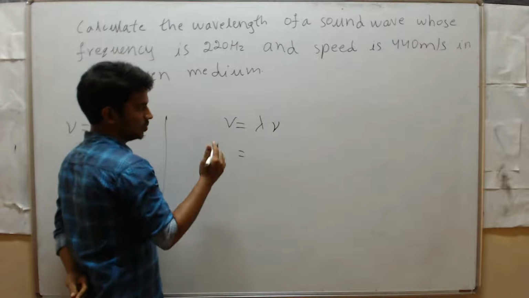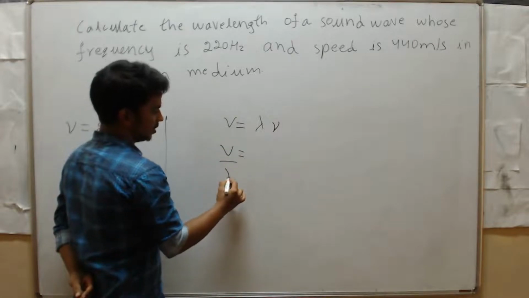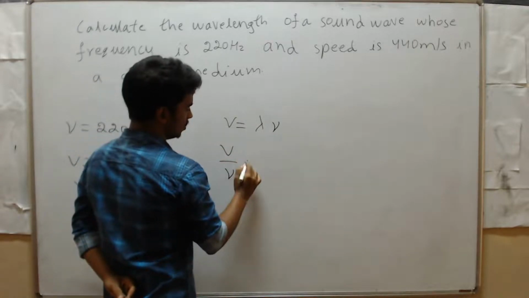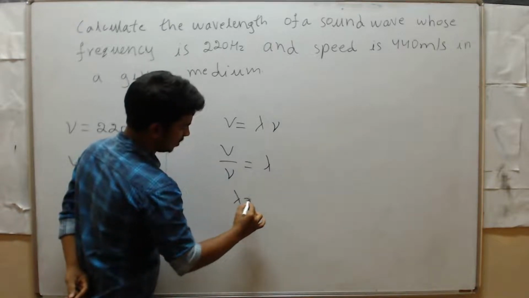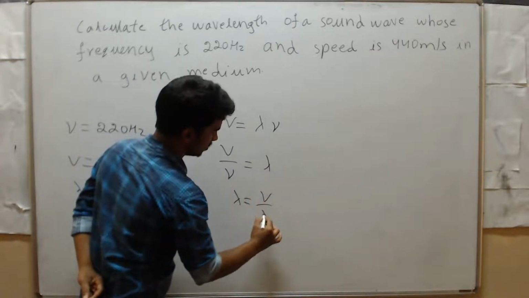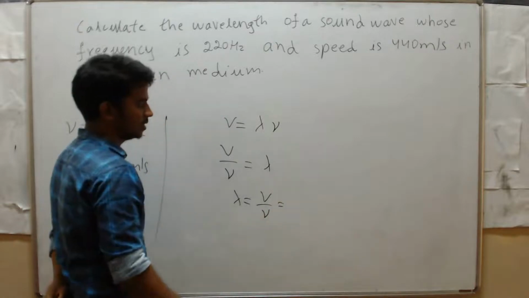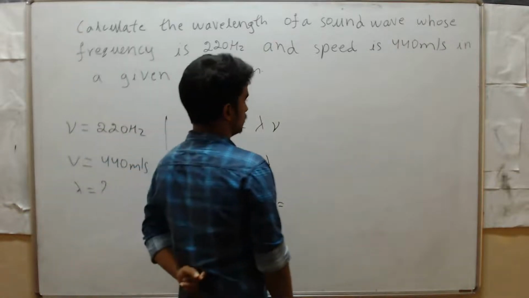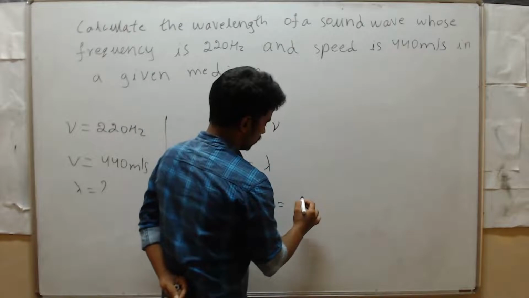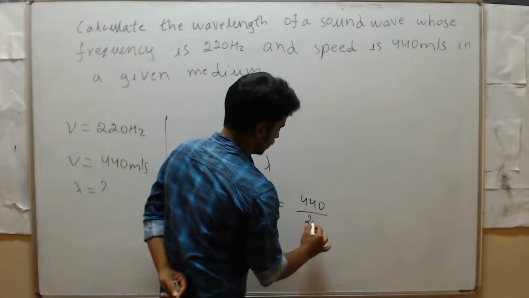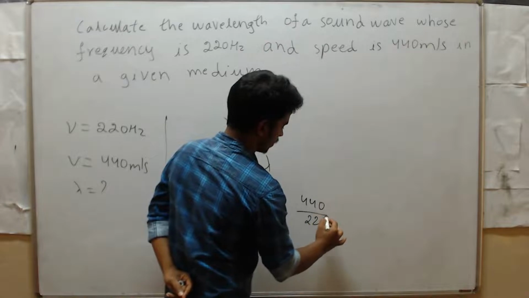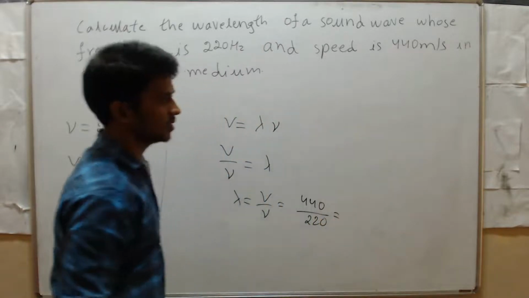Bring mu to this side: v by mu equals lambda. So lambda equals v by mu, that is 440 divided by 220. Quick, what is the answer?